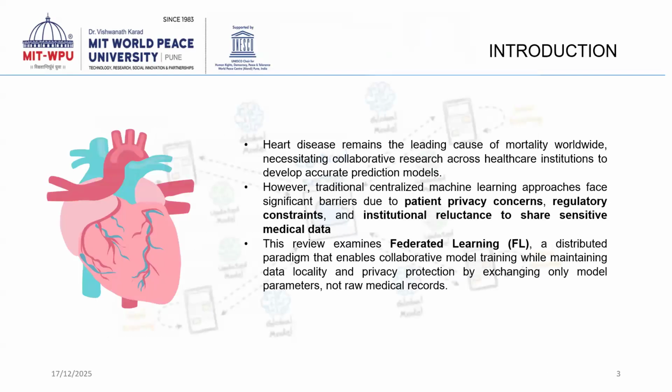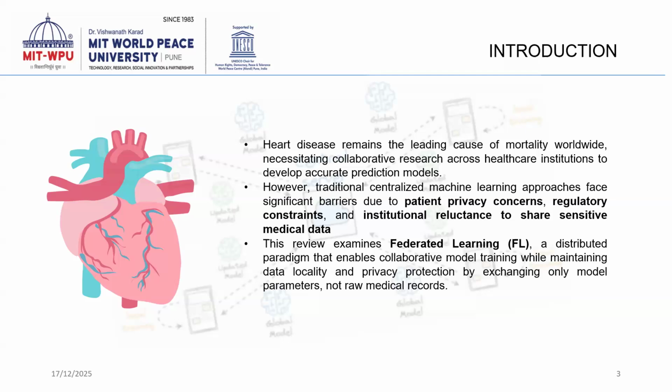So starting off with the introduction. As we all know, heart disease continues to be the leading cause of mortality worldwide, making accurate and early prediction critically important. However, traditional centralized machine learning approaches carry significant barriers due to patient privacy concerns and institutional reluctance to share sensitive medical data.